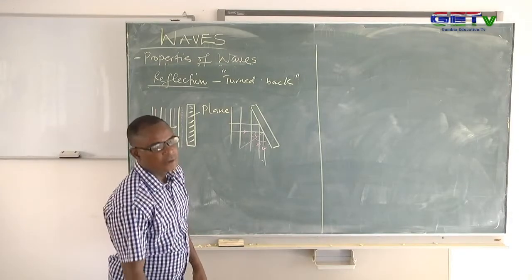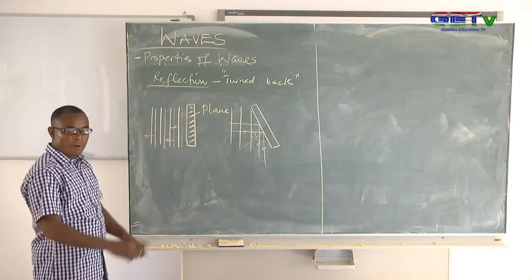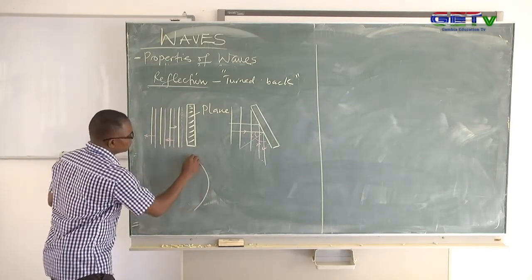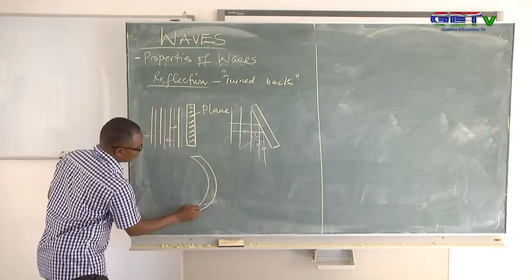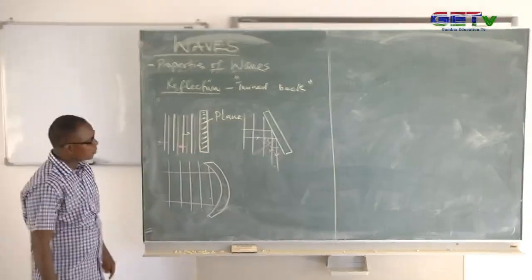So we look at the reflection on other surfaces that are curved surfaces. If I make a plane wave incident on a curved barrier, and that curved barrier is a concave barrier, it will behave like this. Remember, if you did something on optics, you must know what will happen here.